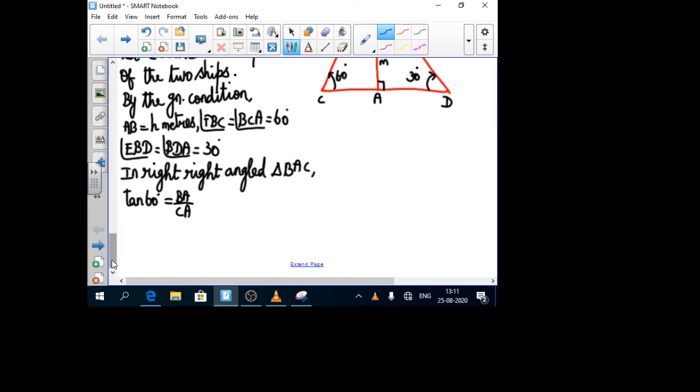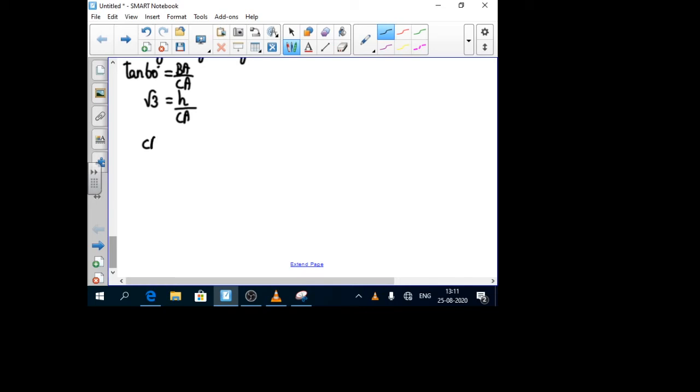BA is given as h, and tan 60 is root 3. So root 3 equals h by CA. Cross multiplying, CA equals h by root 3. Or you can multiply and divide by root 3, rationalizing the denominator, which gives h root 3 by 3. This is the value for CA.